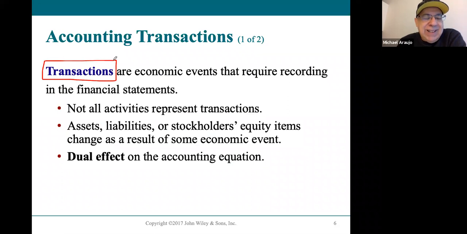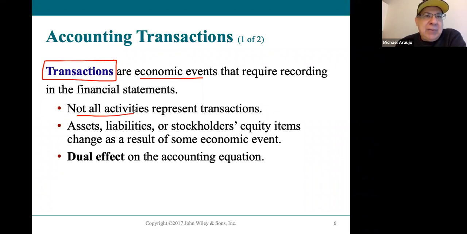Transactions. What is a transaction? A transaction is an economic event that happened to the company, okay, that has a financial impact on the company. Not everything the company does is a transaction, because not everything the company does actually has a financial impact on them.